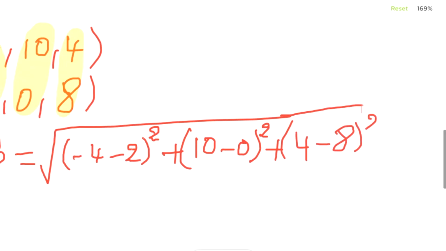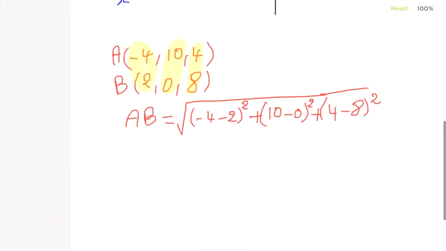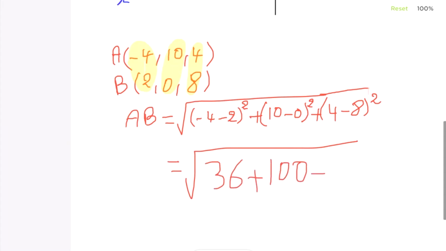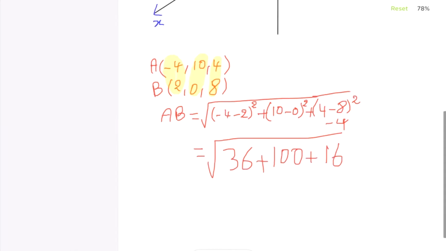That's it. And you calculate it. You can enter it in your calculator, or you can simplify it like this. -6 squared is 36. 10 squared is 100. 4 minus 8 is -4. When you square it, you get 16.